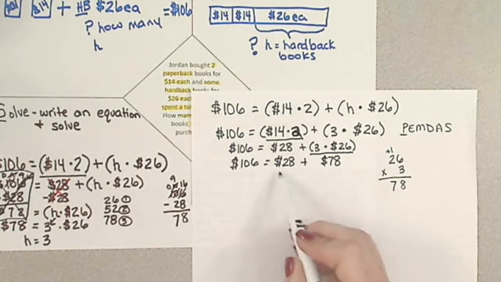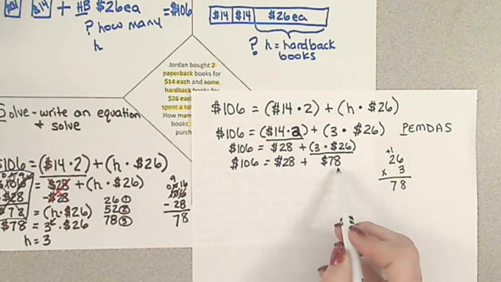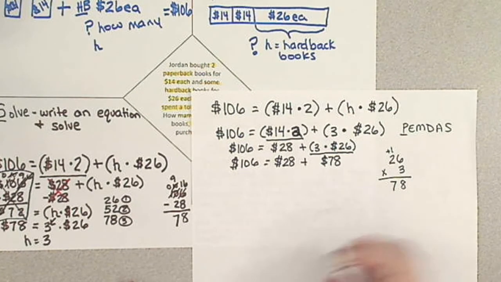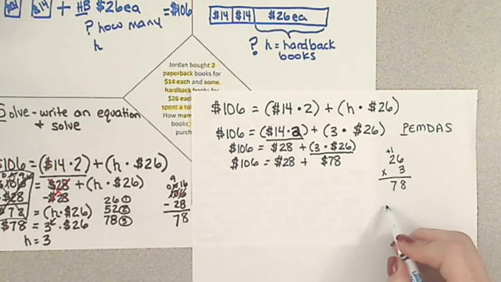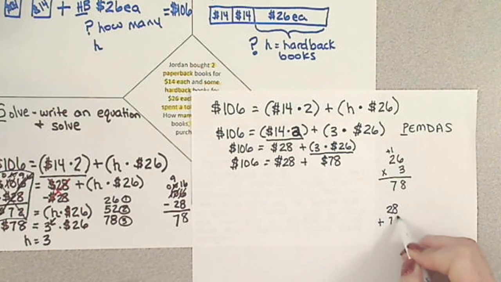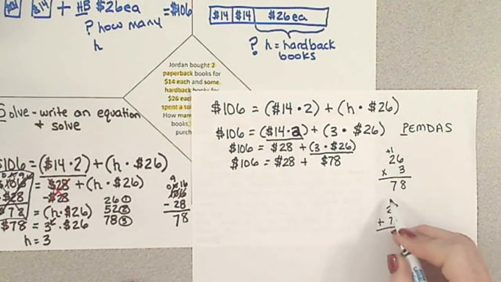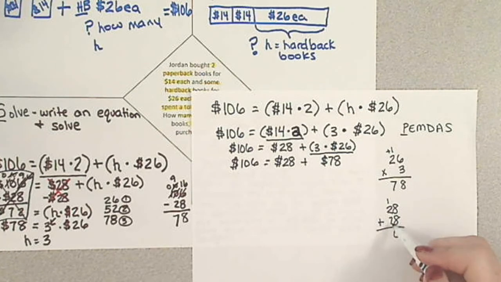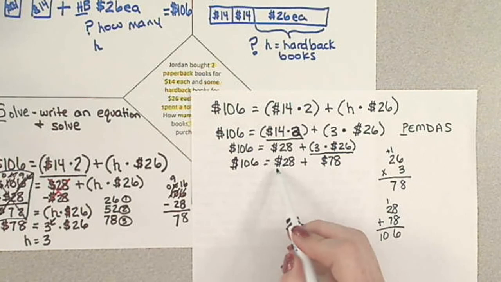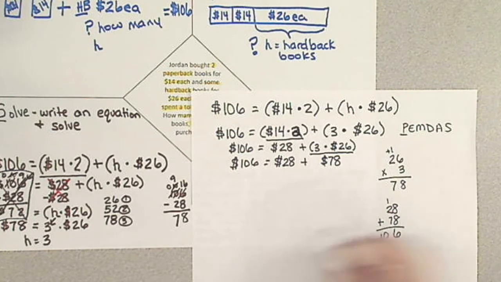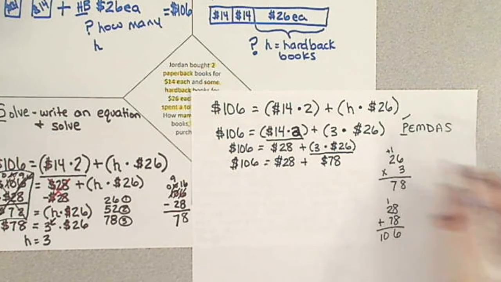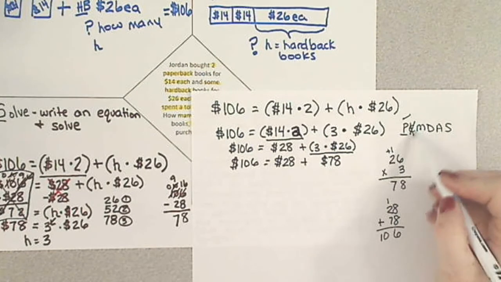Now we just have to prove that 28 plus 78 equals 106. Eight plus 8 is 16. 1 plus 2 is 3, plus 7 is 10. We took care of our parentheses. We had no exponents.